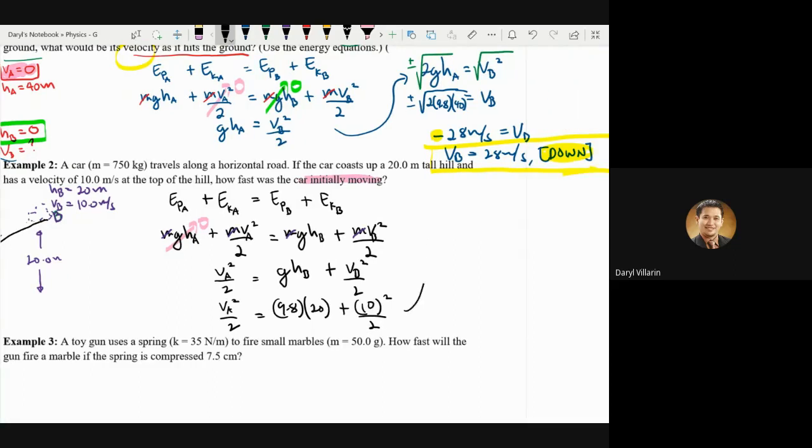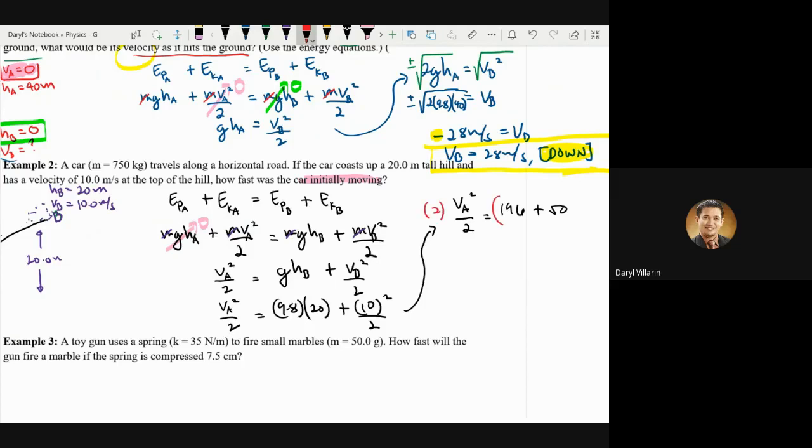So you'll have v sub A squared divided by 2 is equal to, so this is 196 plus 100 divided by 2 is 50. And then solving for v sub A, it's multiplied by 2.